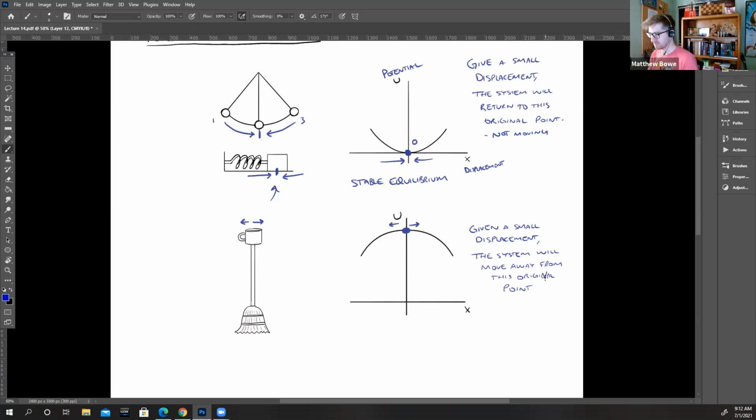That doesn't mean it naturally wants to be there. Something you'll learn if you take 4B, I think you start out with thermodynamics: things just naturally want to find the lowest energy possible. So things will always try to find some lower potential, lower equilibrium state. So if I leave my room with a coffee cup on a broom, it is an unstable equilibrium. I forgot to put that down here.